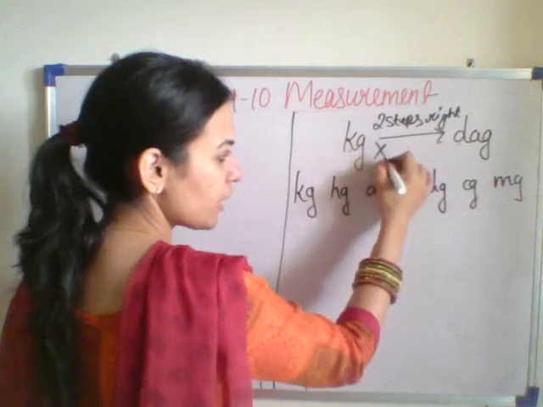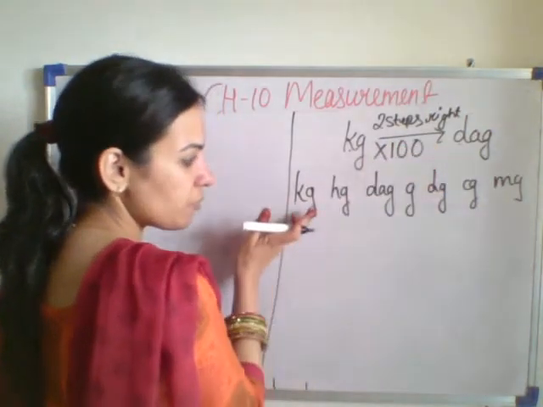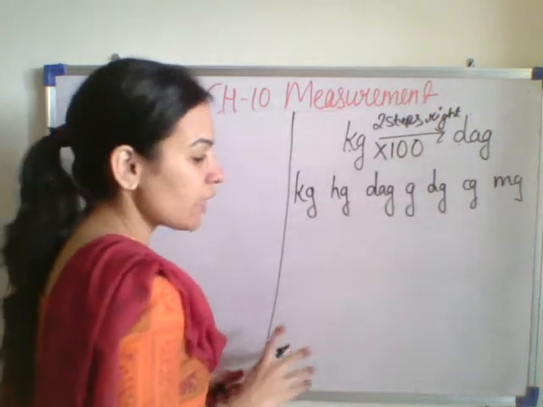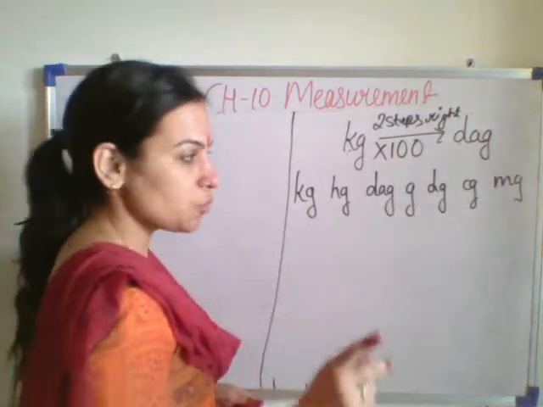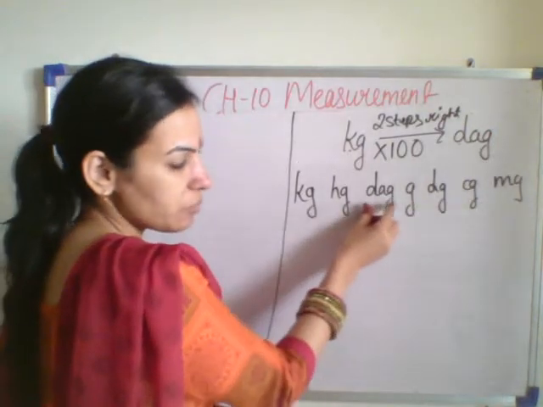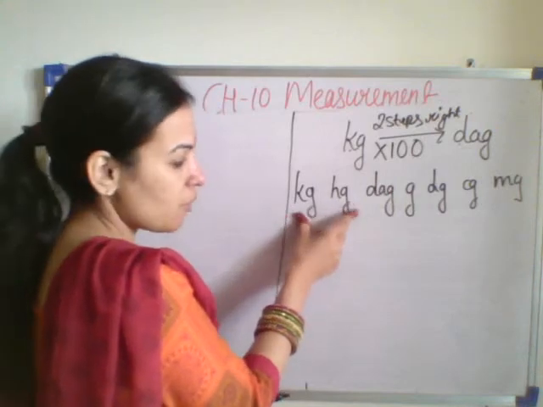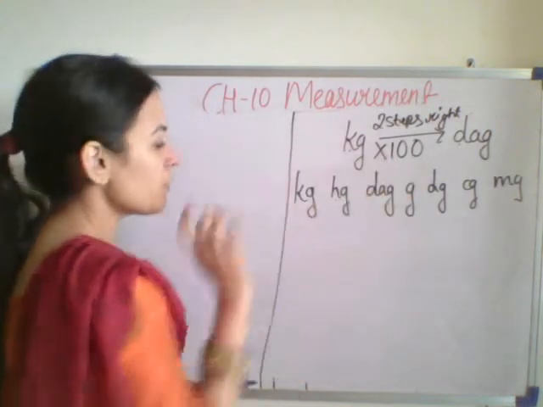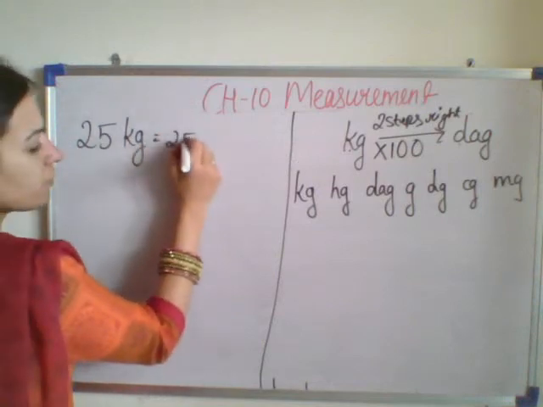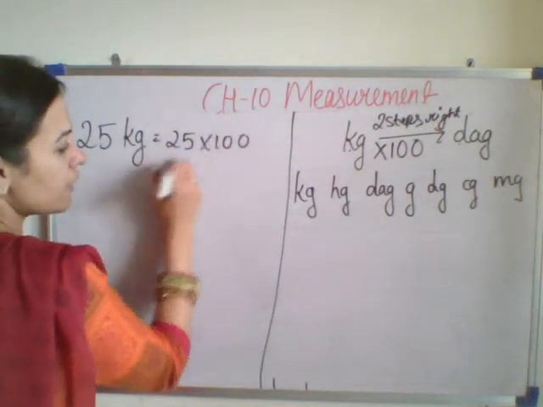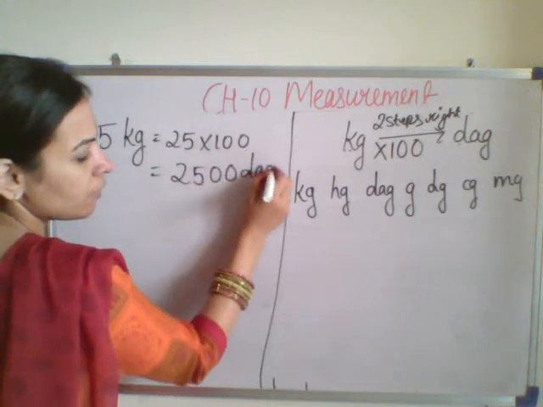Whenever we are moving to the right, 2 steps, 2 zeros I will be writing, so I multiply with 100. So 25 multiplied by 100 is equal to 2500 decagram.